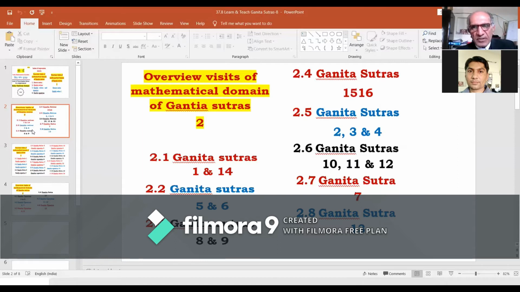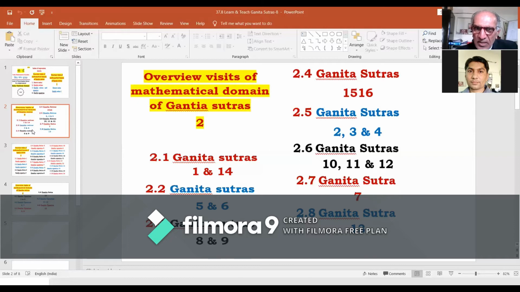Both Ganita Sutra 5 and Ganita Sutra 6 work out the mathematical domain of zero order. Zero space is the focus of mathematical domains of Ganita Sutras 5 and 6.